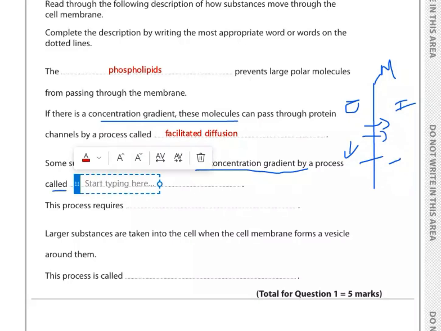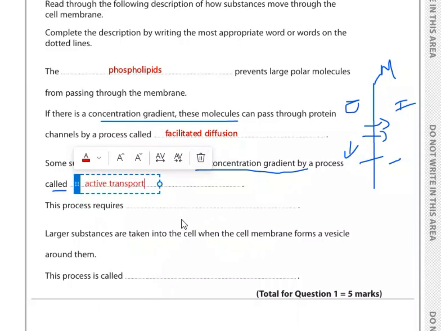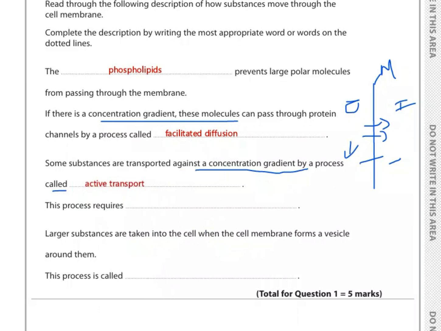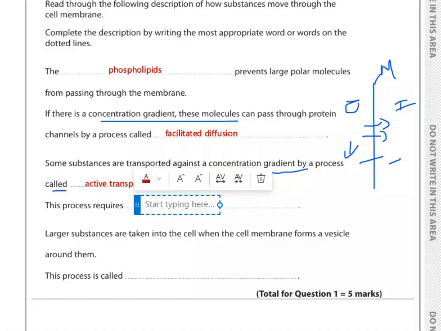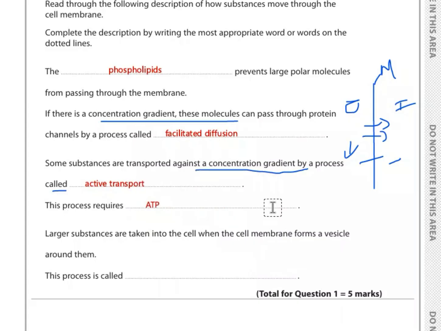Through active transport, the molecules are transported from a lower concentration area to a higher concentration area using ATP, like energy. This process requires the use of energy.